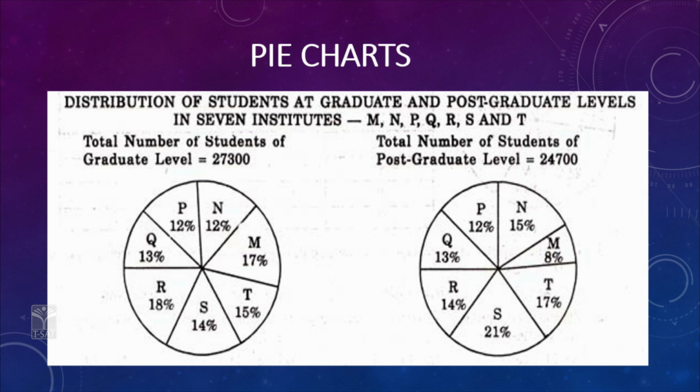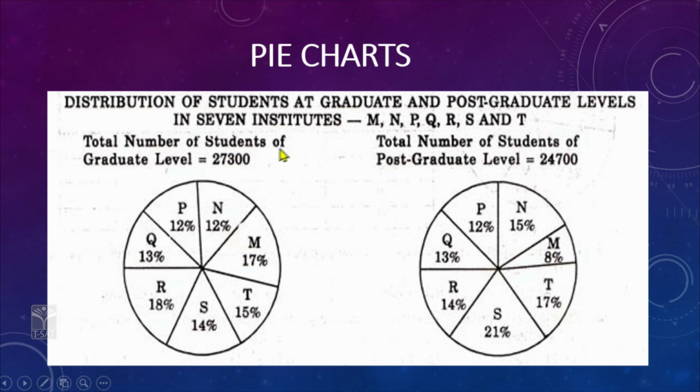The pie chart shows the distribution of students at graduate and postgraduate level in 7 institutions: M, N, P, Q, R, S and T. In these 7 institutions, how the graduate and postgraduate students are distributed is represented in a circle by showing sectors.